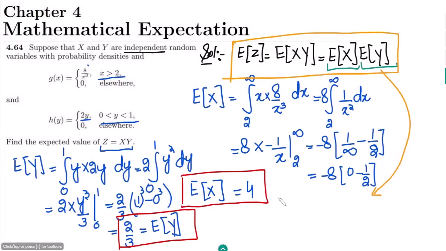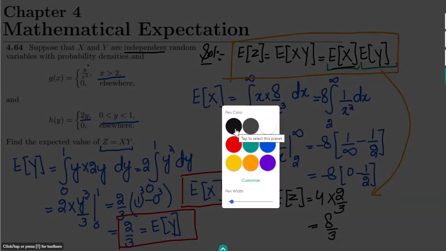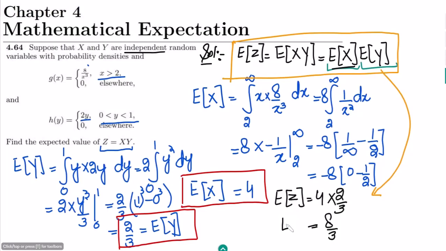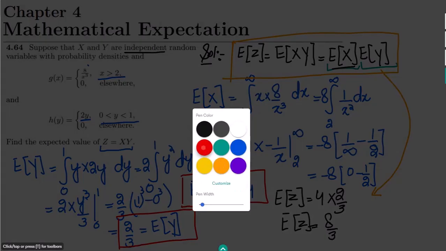So E of z, putting the value for E of x, this is 4 multiplied by the value of E of y, that is 2 by 3. So it would become 8 by 3, and that is E of z.